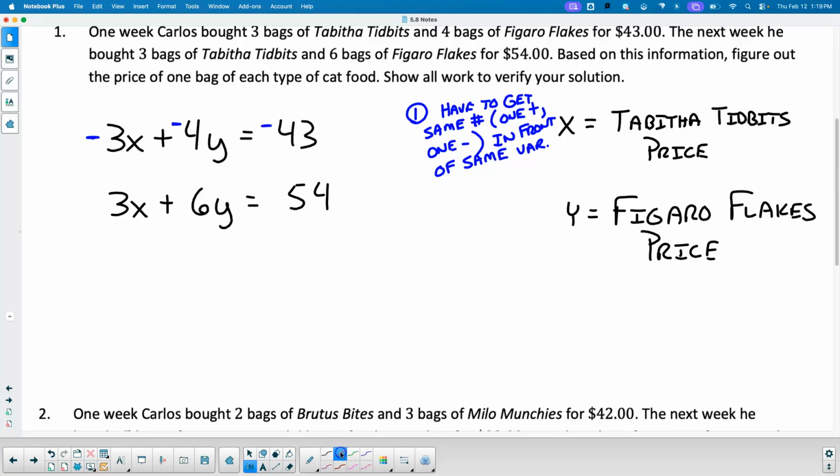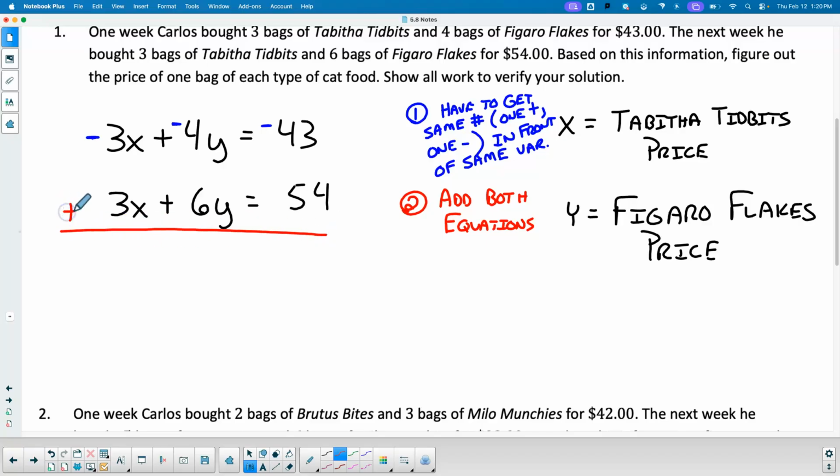Second step in elimination is you are going to add both equations. Now, if you've got them lined up so that you have x's, y's, equal signs, numbers, then just adding them is pretty easy.